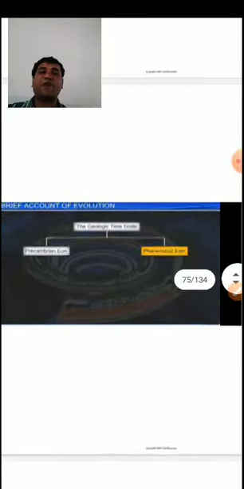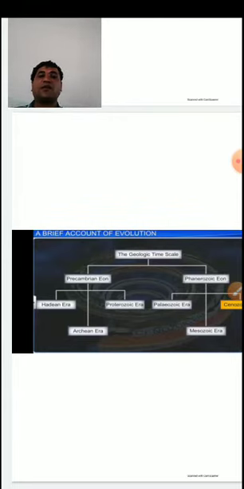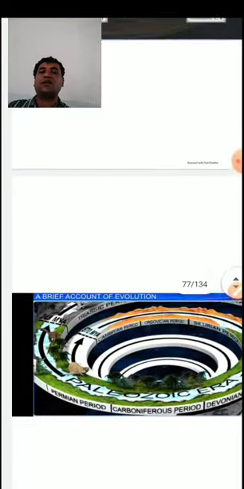This geological time scale is divided into Precambrian eon and Phanerozoic eon, which are again divided into Hadean, Archean, Proterozoic, and Paleozoic, where the most important are the Paleozoic era, Mesozoic era, and Cenozoic era.